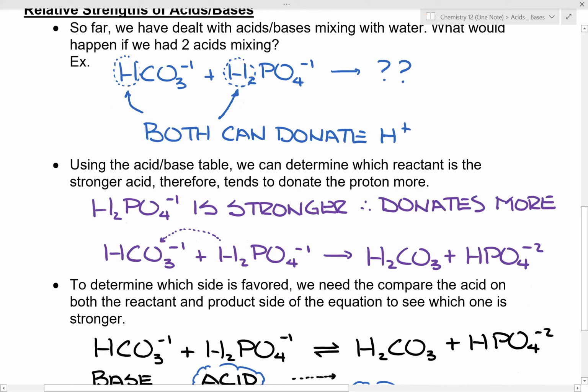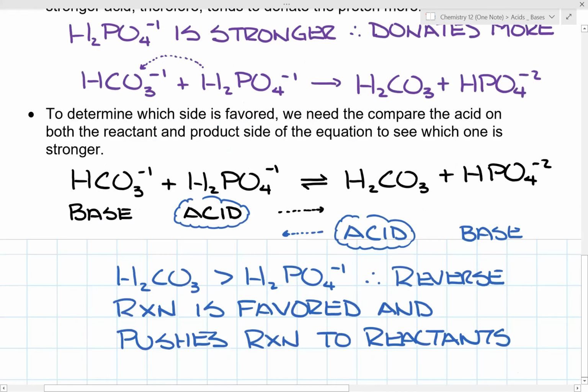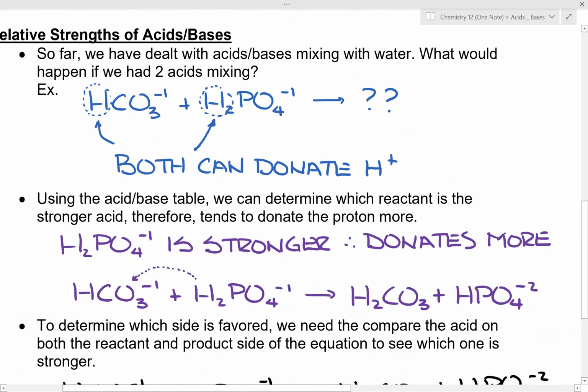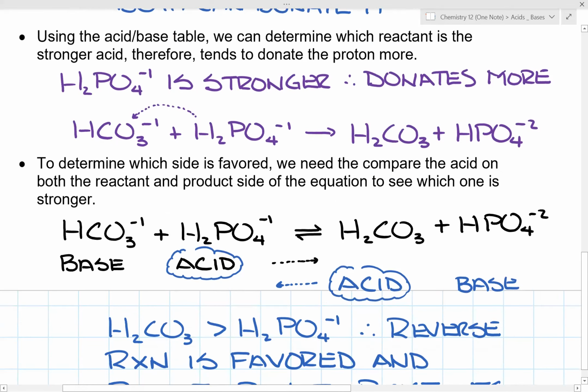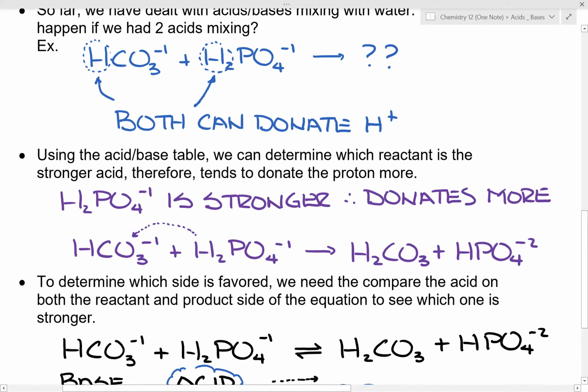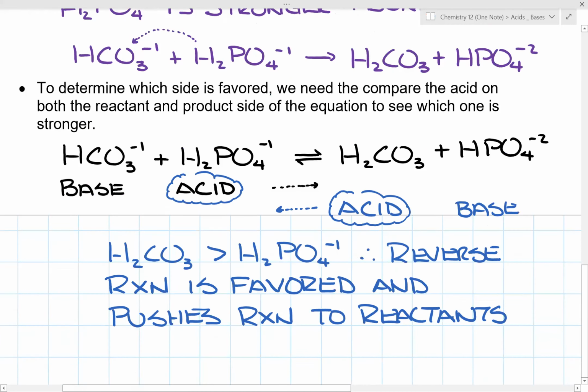And then secondly, once we figure out the products, is to figure out which side of the equilibrium is favored. Is it the reactants or the product side? And for both situations, what we are trying to do is see which one is stronger. The first scenario, whichever one is stronger donates more. And in this case, whichever one is stronger, then we know which side the equilibrium favors.